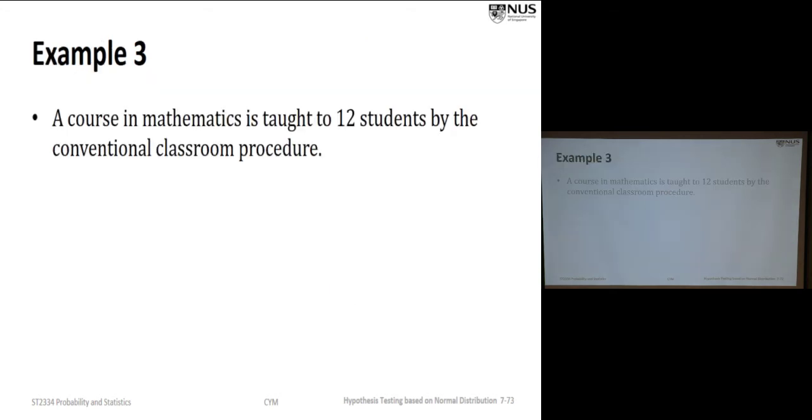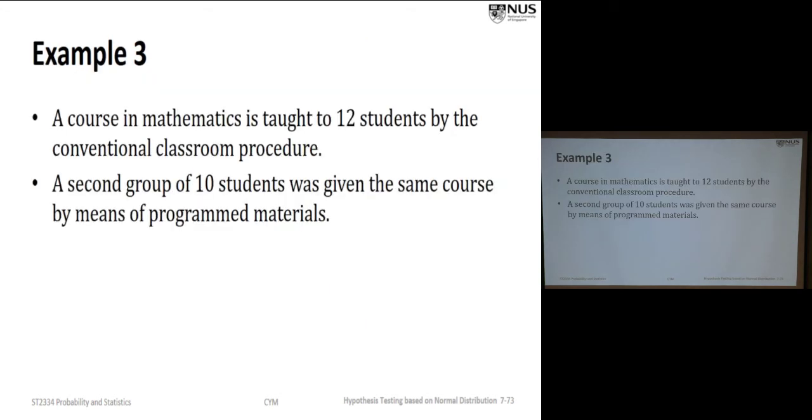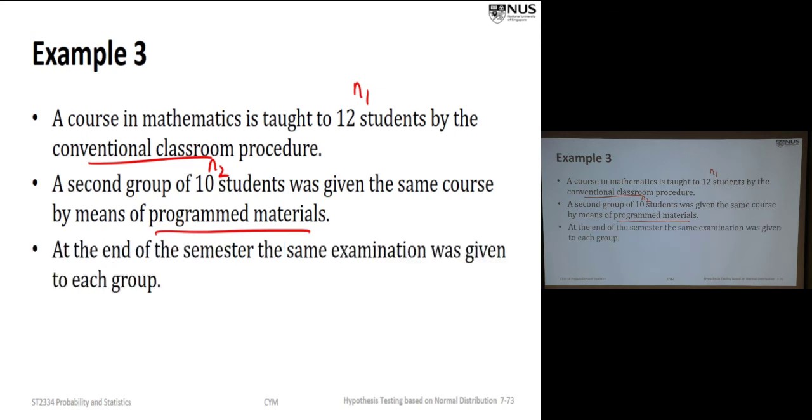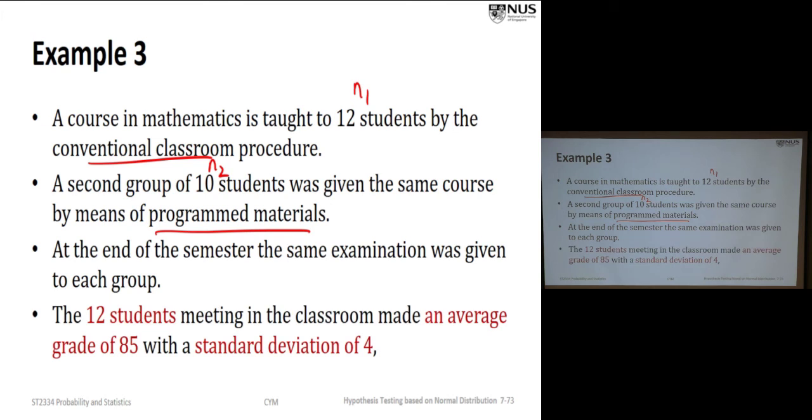Okay, so here is an example. So we have N1 equal 12, N2 equal 10. They go through different courses. One is the boring conventional classroom procedure. The other one is programmed materials, maybe sit and watch your webcast. At the end of the semester, both of these two groups sit for the same exam.